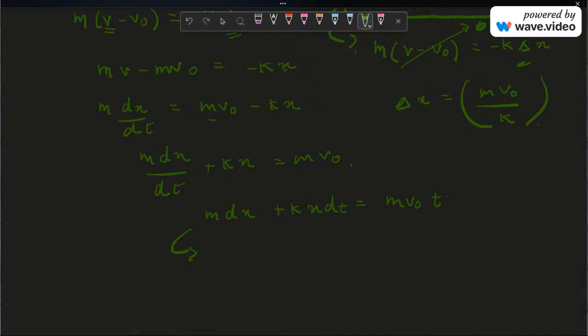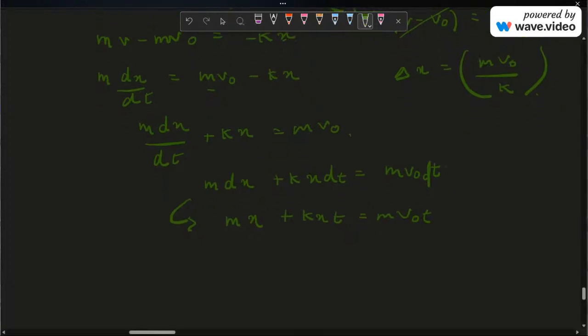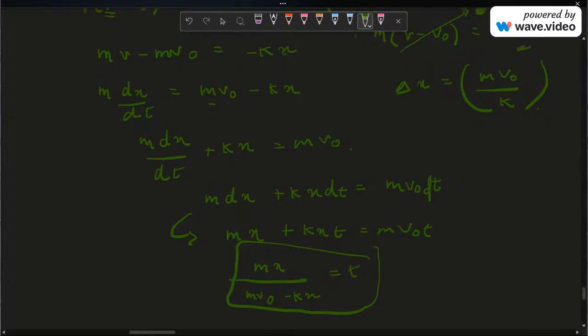If I integrate m dx, it will become m into x along with limits, kx t is equal to mv naught into t dt, and I integrated it. Now mx upon mv naught minus kx is equal to the total time taken. If this is correct, then let me know. Otherwise, not.